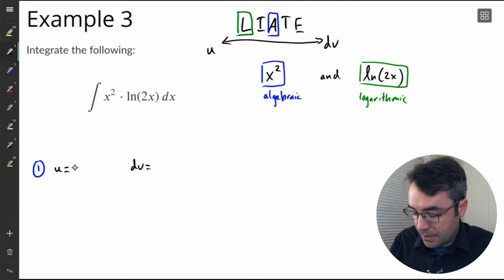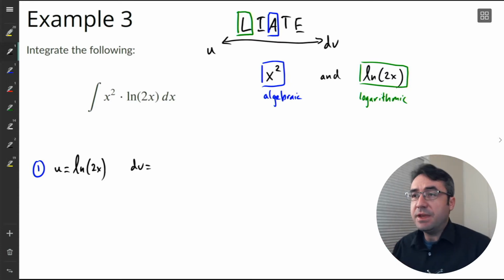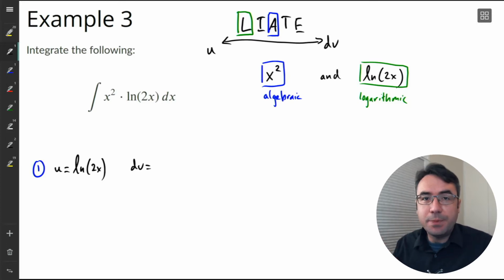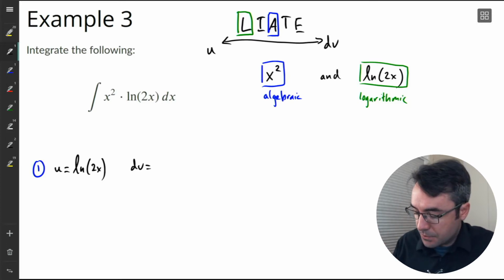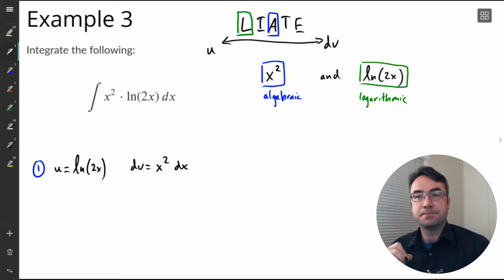So we're going to pick u equal to natural log 2x. And then dv, that's an algebraic function, further to the right of our two pieces. So we're going to let dv equal x squared dx. And that's it. That's how we choose u and how we choose dv.